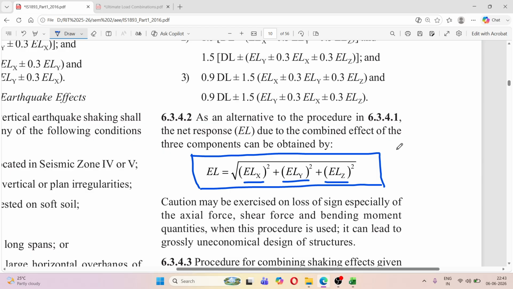So instead of 1.5 dead load plus earthquake, here it becomes 1.5 dead load plus the SRSS case, that is equivalent static SRSS.